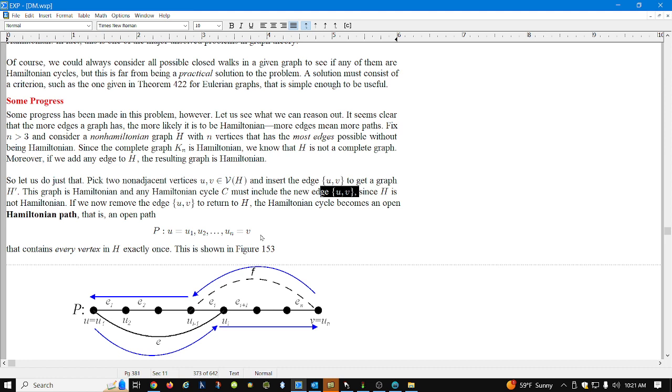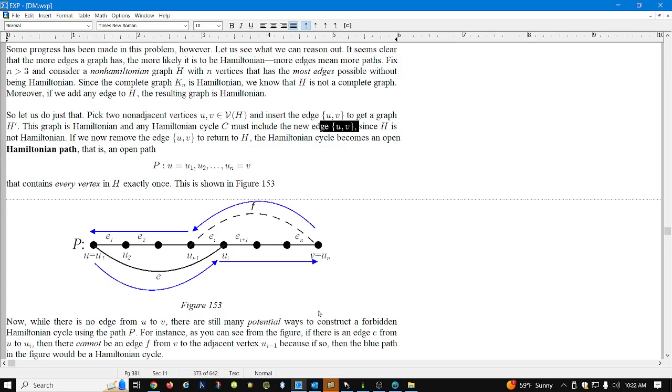Okay. So all this fuss of adding and removing an edge was simply to show that the graph H, which is rather unusual because it's non-Hamiltonian but has the most possible edges, has a very specific structure. It has an open Hamiltonian path between two vertices, u and v, so every vertex of H is on this path exactly once.